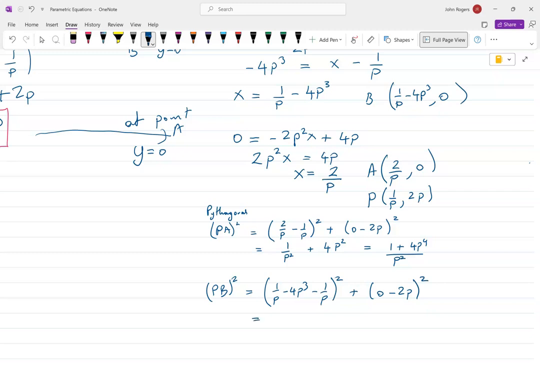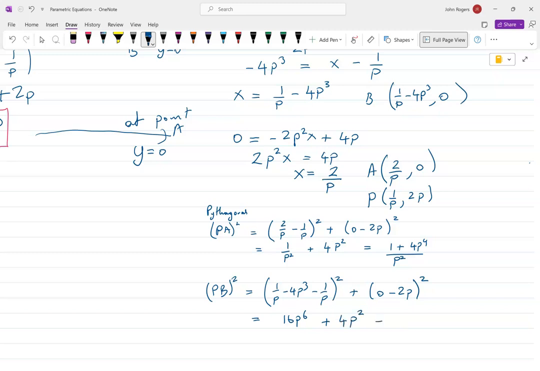Notice here the 1 over p cancels, so we're just left with minus 4p cubed, which squares to 16p to the 6. And this is 4p squared.